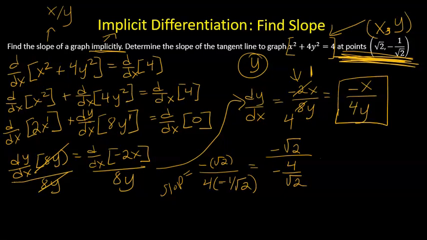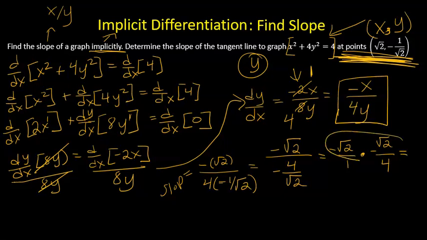Now, I mean, you could make this the answer, but we can simplify further. So let's go ahead and find the reciprocal, right? If you want to reduce all this fraction stuff, you do the opposite. It's division, so we're going to multiply. What's that look like? Well, I'm going to do negative square root of 2 times that invisible 1 times negative square root of 2 over 4, right? Now, what does that give me?